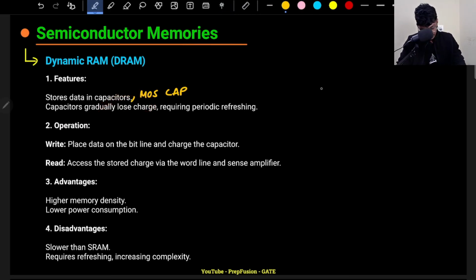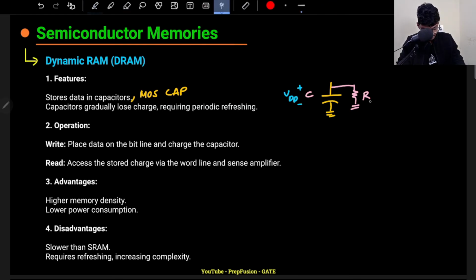So in a capacitor, I know there can be some leakage resistance. Some inherent leakage resistance will always be present with the capacitor. So if initially this capacitor was charged to some VDD voltage, what will happen due to this leakage resistance? It will discharge.